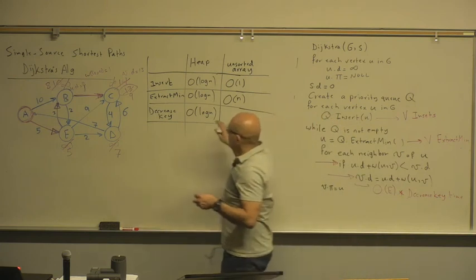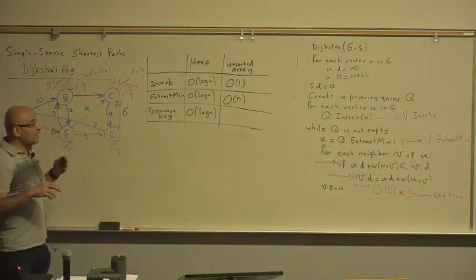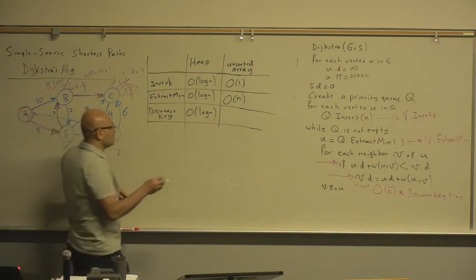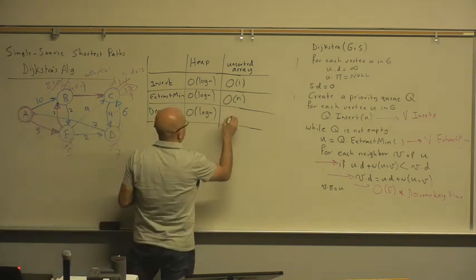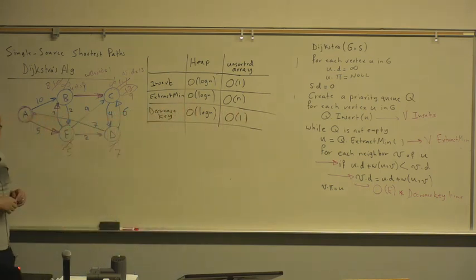Decrease key in an unsorted array needs no adjustment, because the elements are not placed in any particular order. So this is just 0, or you can think of it as O of 1.